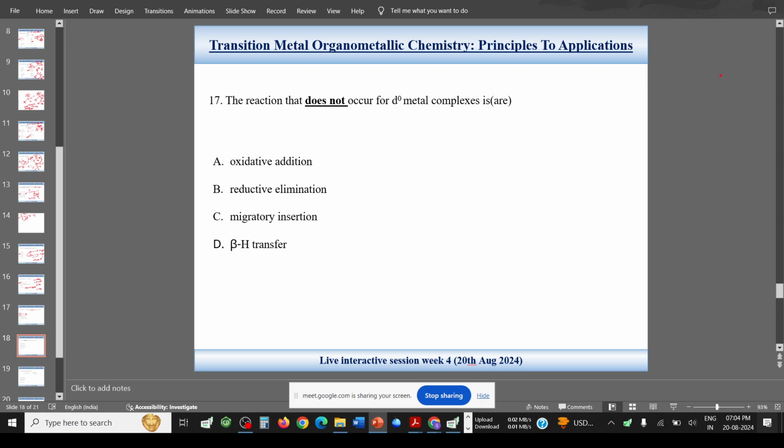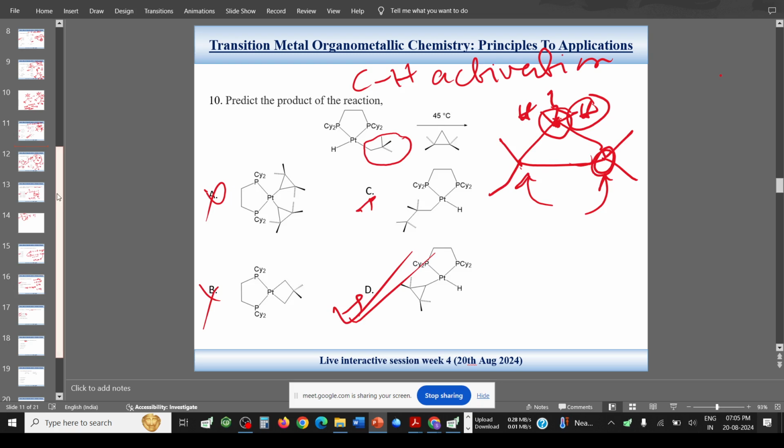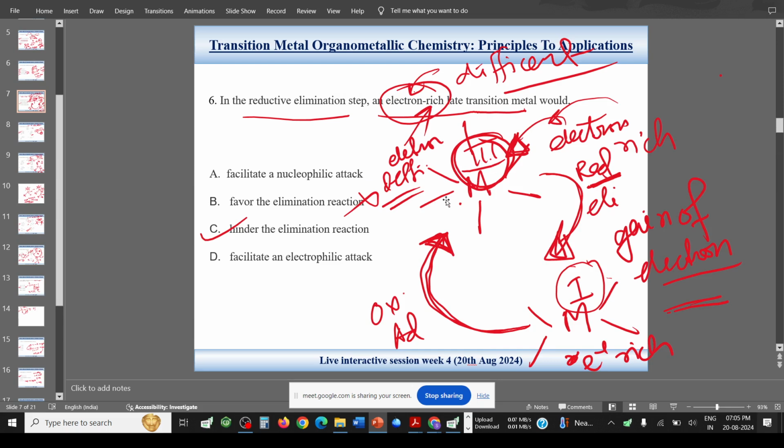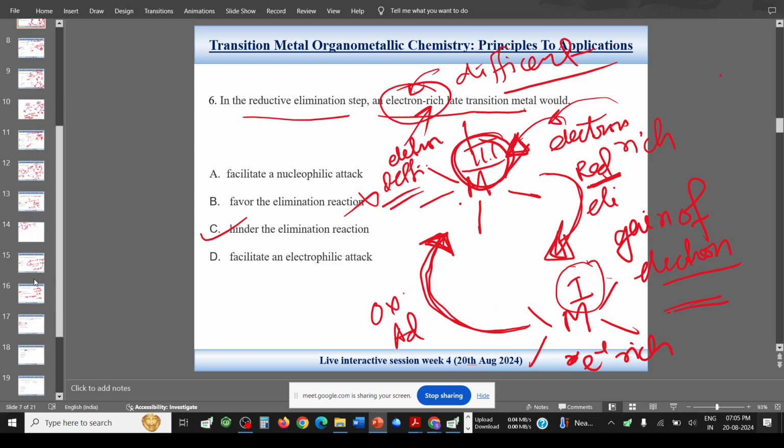The word "not" is in bold. I have already discussed oxidative addition and reductive elimination by making that circle when we were discussing the oxidative reaction, means this one, this one, d0. So you should recall this and answer this question.